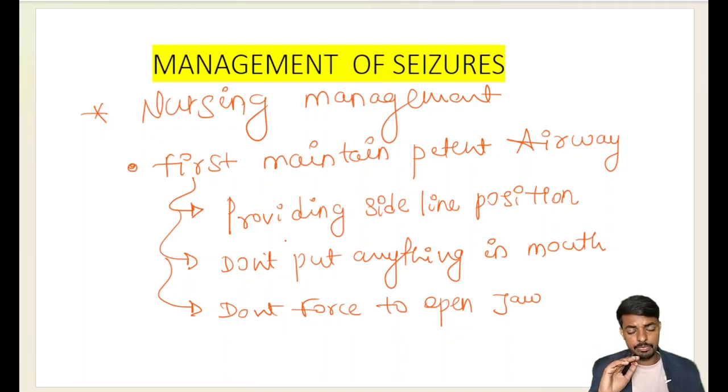We will study the drugs of choice for the subtle seizure and for generalized tonic-clonic seizure, and for each and every type of seizure we will study medical management. Very importantly, 60% of the questions from seizure are on the nursing management of seizure. So we will study it in part 2 of our seizure topic.